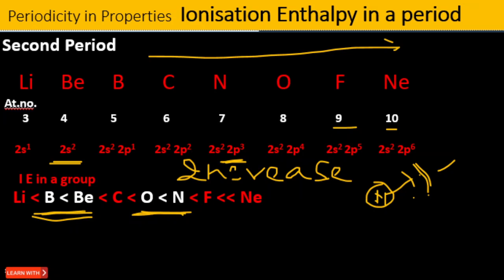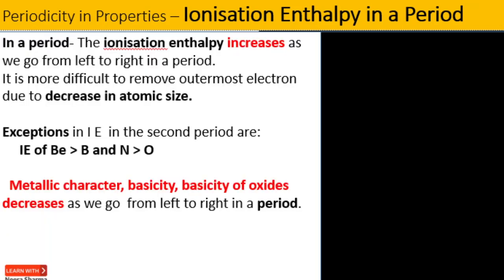Beryllium has greater ionization enthalpy than boron. Nitrogen has greater ionization enthalpy than oxygen. So in general, ionization enthalpy increases as we go from left to right in a period, and the exceptions are beryllium greater than boron, nitrogen greater than oxygen.